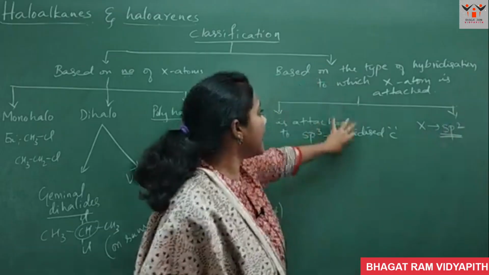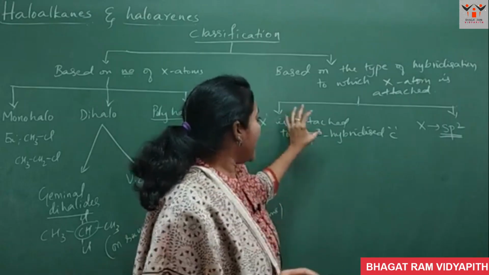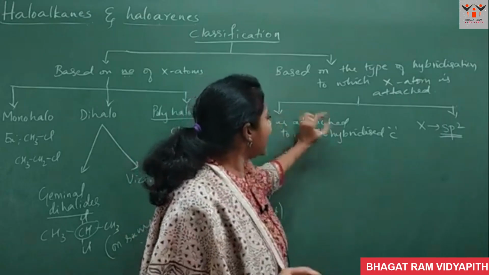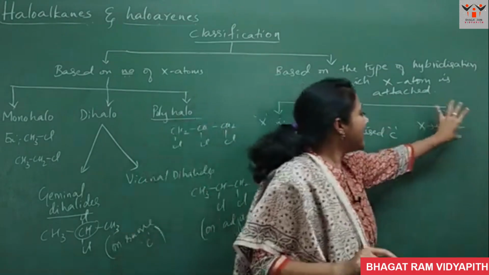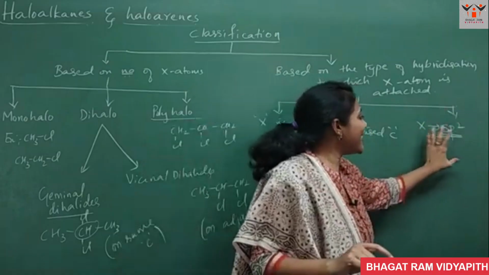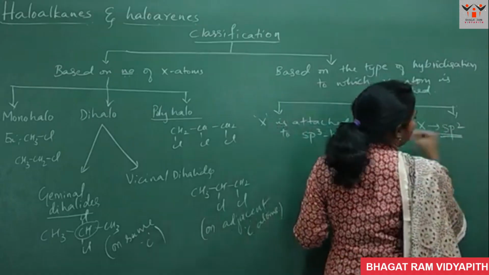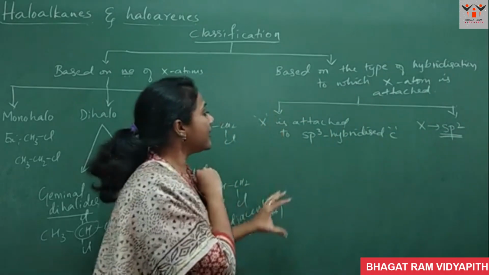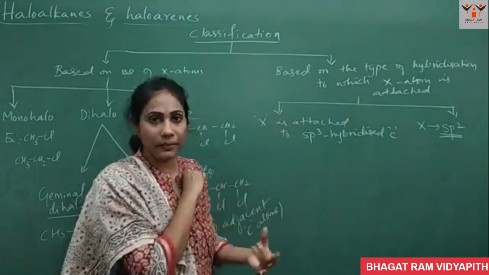So what are the two varieties under this concept? The variety where X is attached to sp3 hybridized carbon, and the other classification where X is attached to sp2 hybridized carbon. Now let us see what types come under this category.